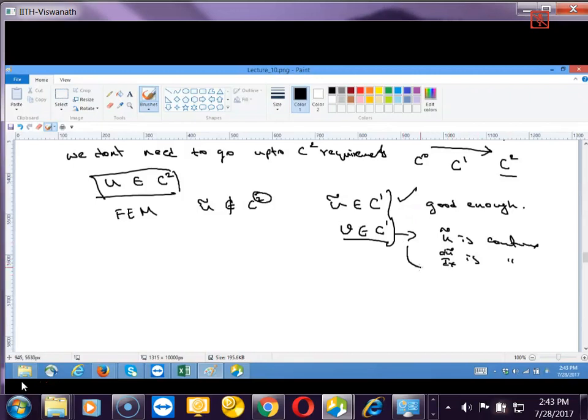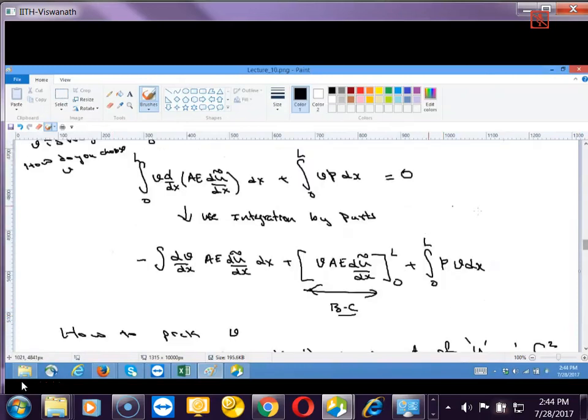And this one says that V is continuous, dv by dx is continuous. But just being continuous is not enough. Let's say if at one place it goes to infinity, then integrating it becomes difficult. Why? Because if you look at this statement, you have dv by dx, AE, du by dx. This should not go to infinity abruptly.